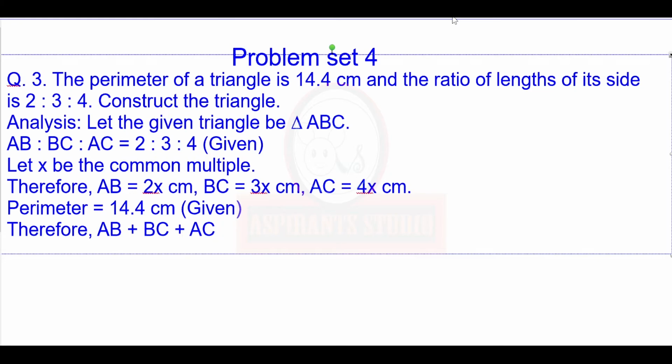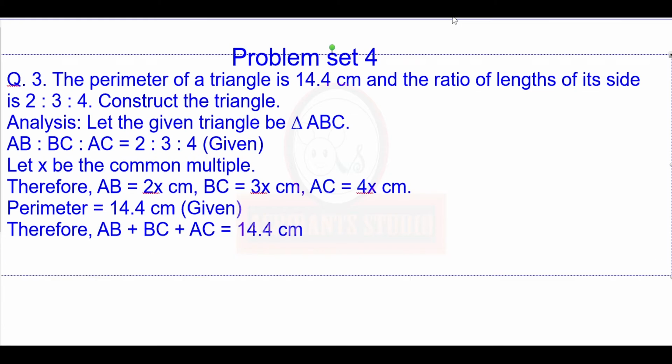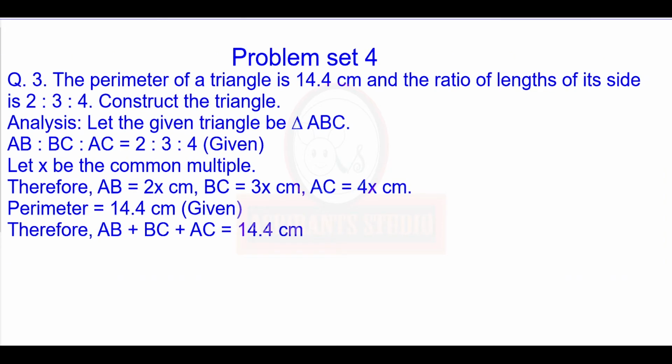So, AB plus BC plus AC is equal to 14.4 centimeters. Now we know AB is 2x centimeters, BC is 3x centimeters and AC is 4x centimeters.